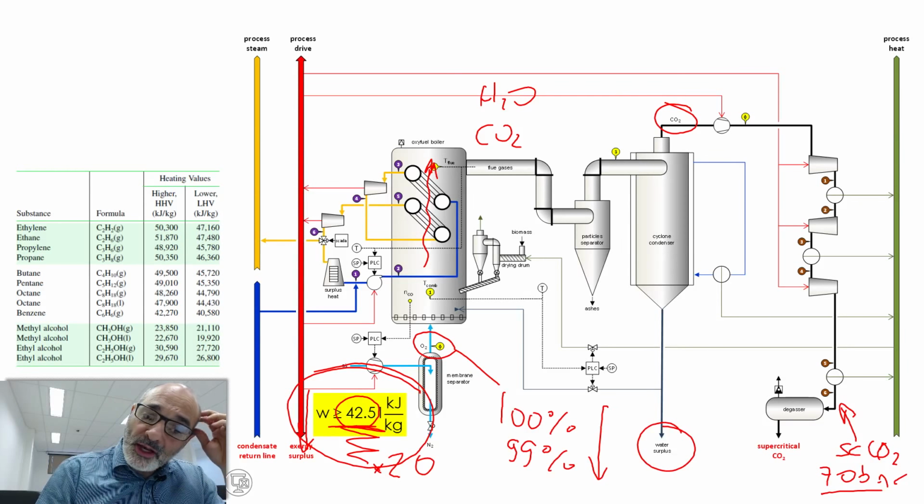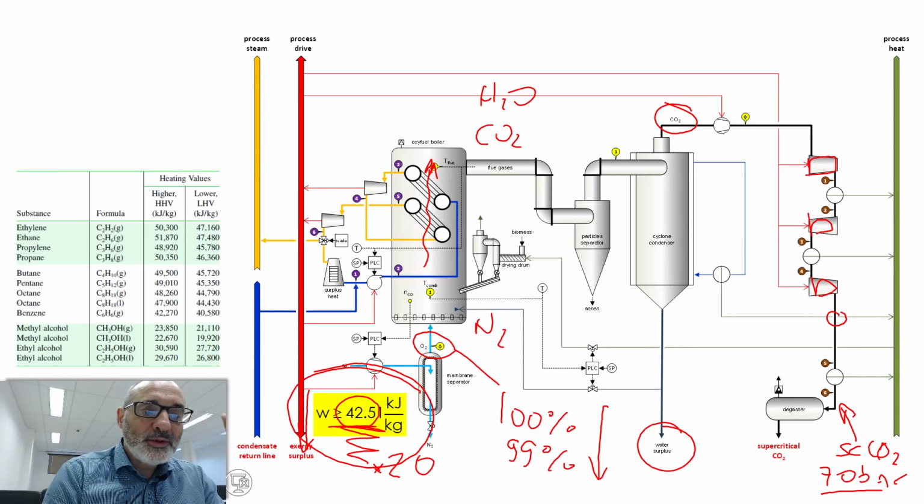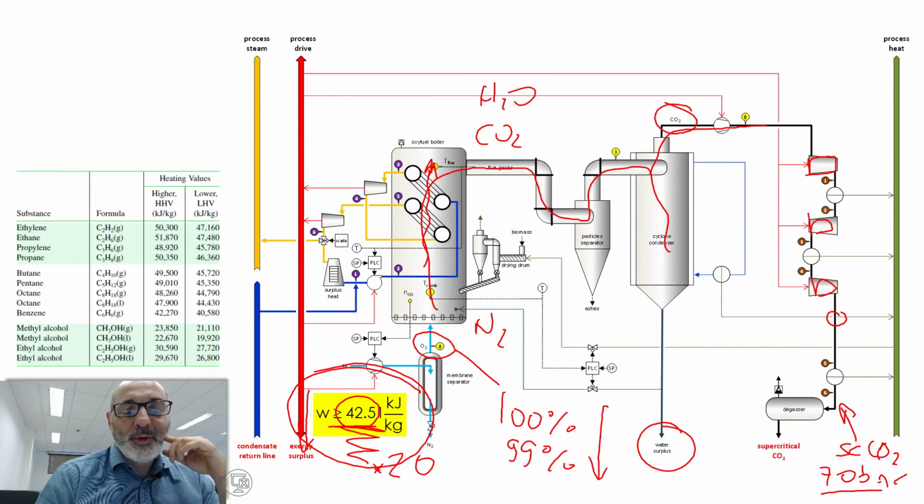Why can we do this? Because when we compress CO2 here, for instance, those are the compressors. If I have some small amounts of nitrogen in the process, it's going to pass, and it's not going to liquefy here because the pressure is low for nitrogen to condense itself.